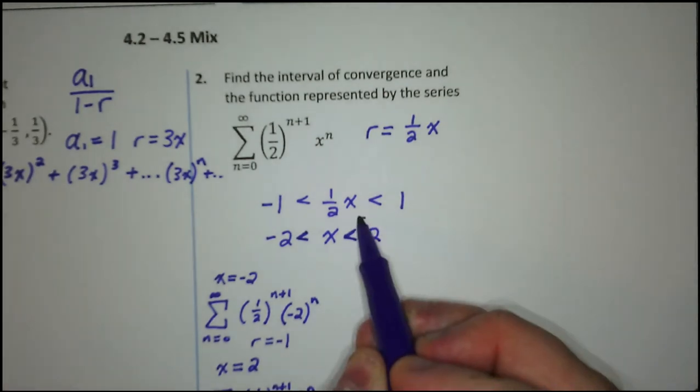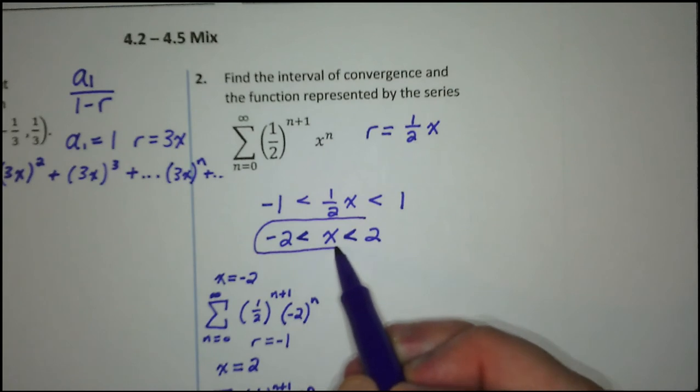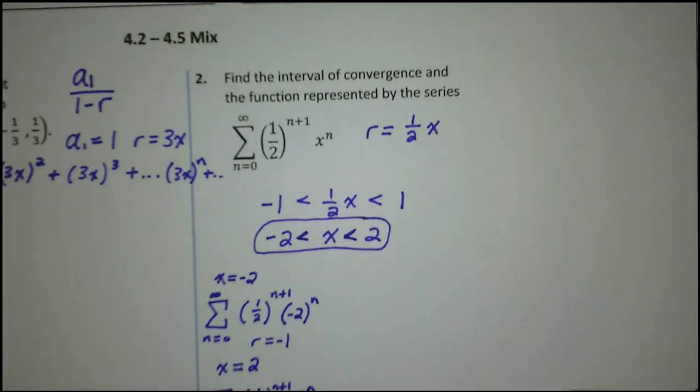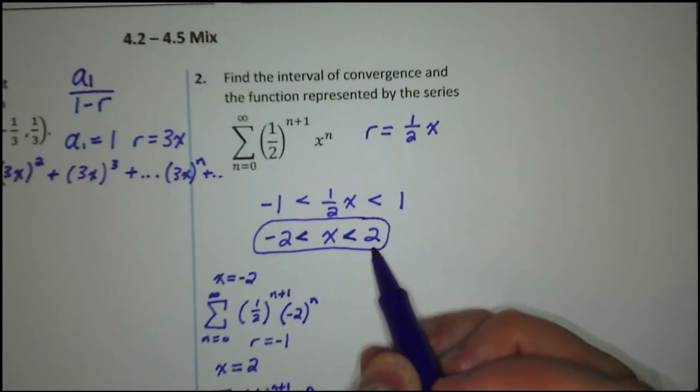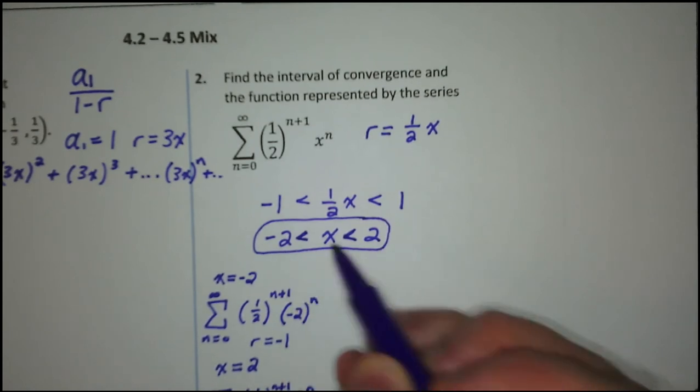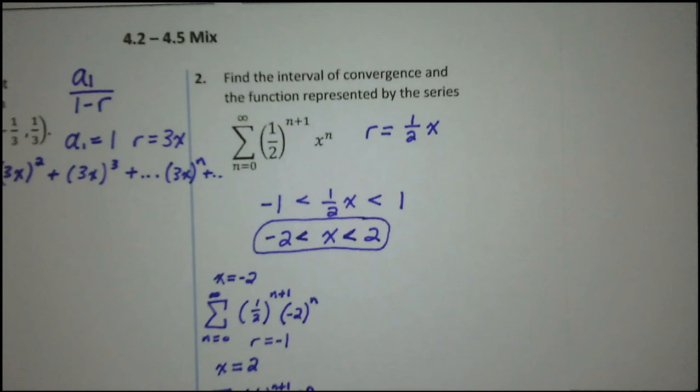So really, this is our final interval of convergence. It converges strictly in between -2 and 2, and not at exactly -2 nor +2.